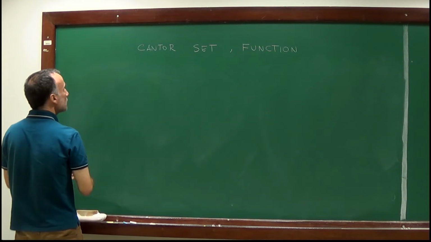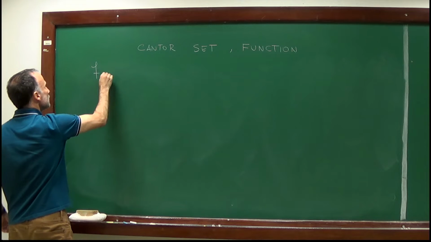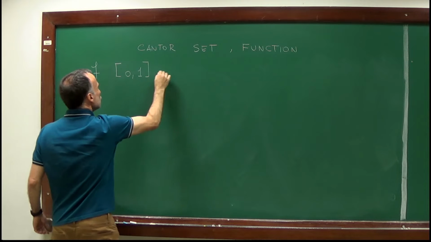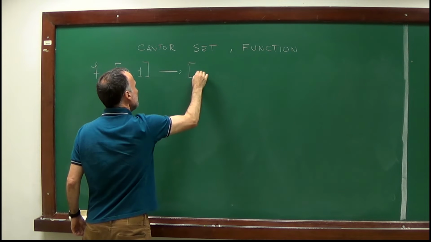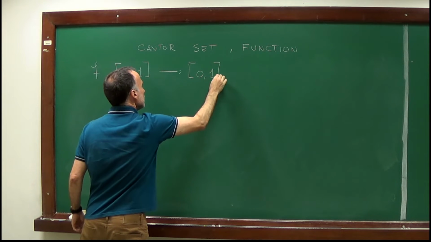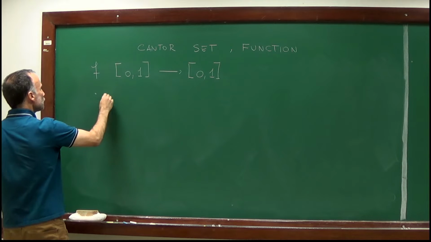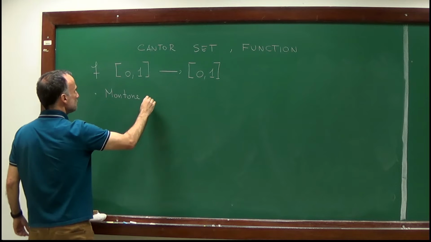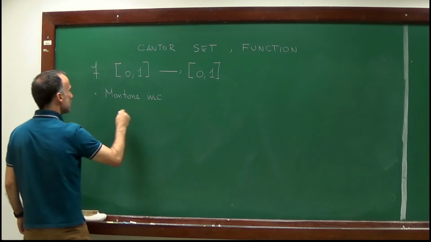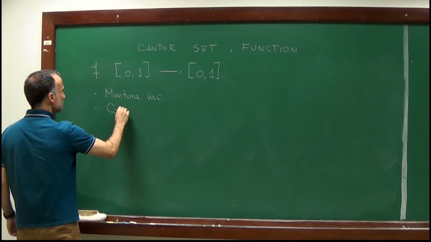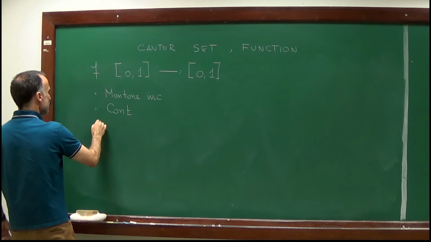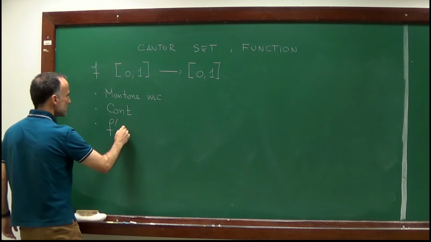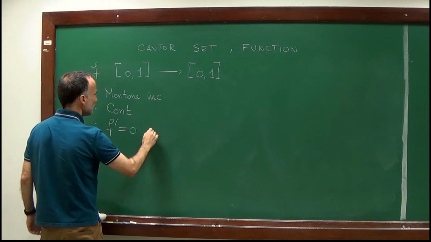So I want to define a function f from the interval [0,1] to [0,1], such that it's monotone increasing, it's continuous, and we know that its derivative exists and its derivative is equal to 0 almost everywhere.